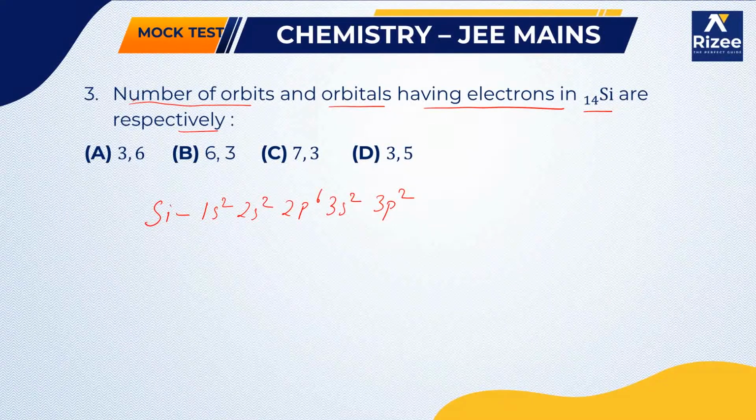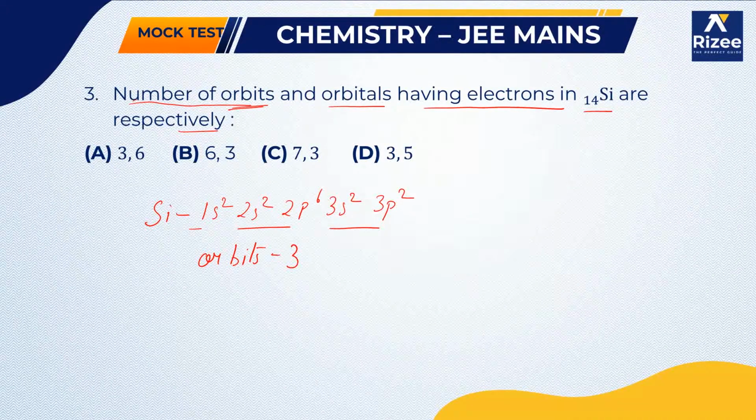So, this is the electronic configuration of silicon. Now, number of orbits: first orbit, second orbit, and third orbit. The total number of orbits is 3, and it is asking how many orbitals there are. So let's see. This is 1 orbital, this is 2, this is 3, 4, 5.